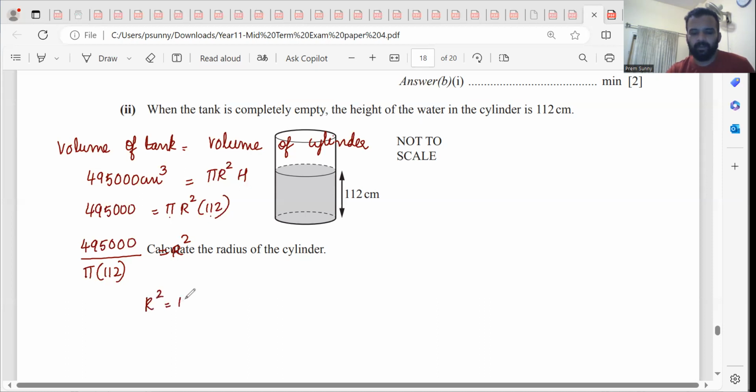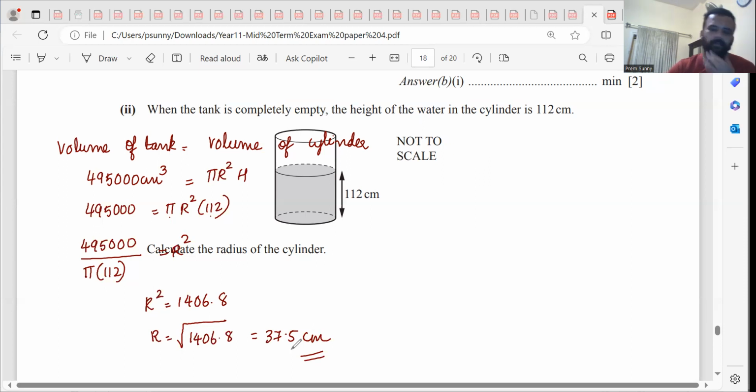So r square will be 1406.8. So r will be square root of 1406.8. When you find out the square root, we'll get the answer as 37.5 centimeter will be the radius.